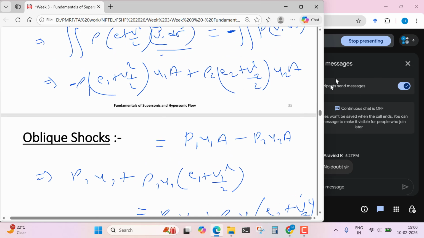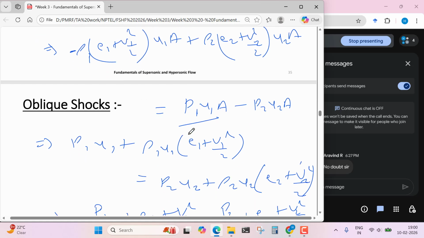A we can remove from everywhere, and we can write the terms with 1 on one side and 2 on the other side. So we'll get ρ1 U1 (E1 + V1²/2 + P1/ρ1) equal to ρ2 U2 (E2 + V2²/2 + P2/ρ2).